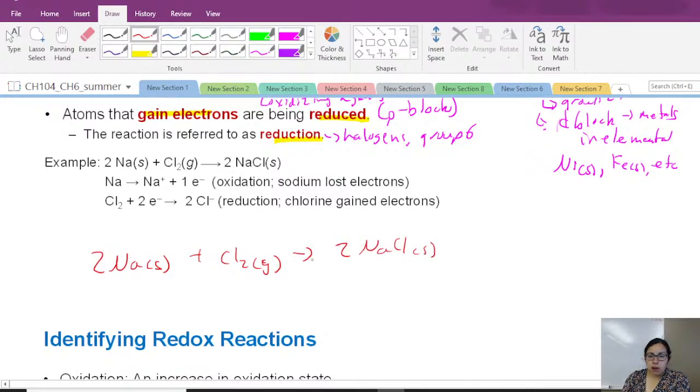And we want to just write our oxidation states. It's a solid. I probably should have put aqueous, but solid. Oh, salt, got it. So what's the oxidation state of sodium?